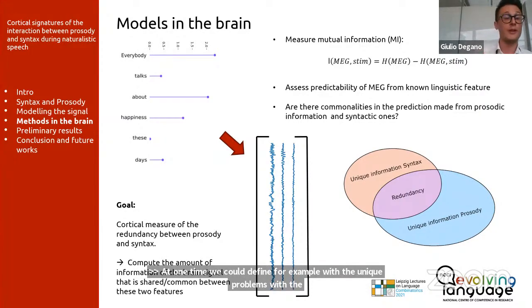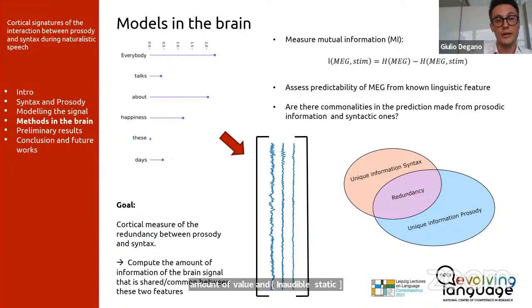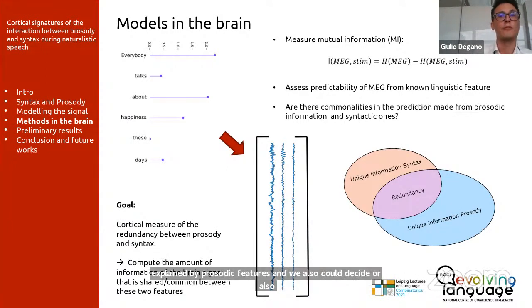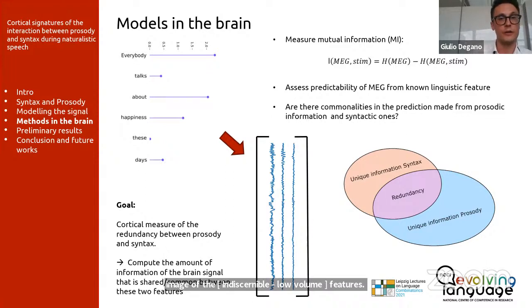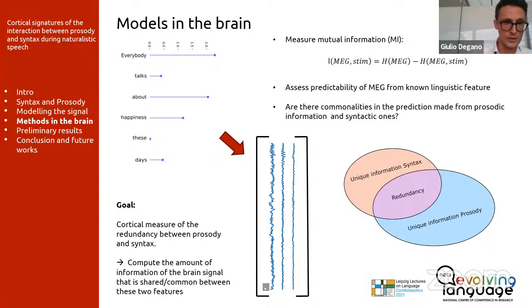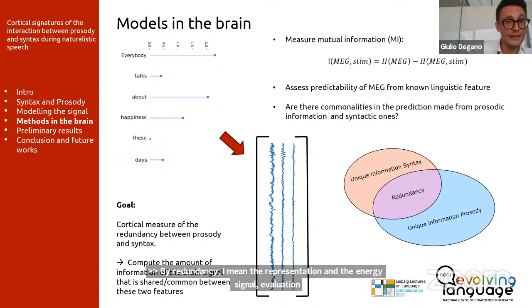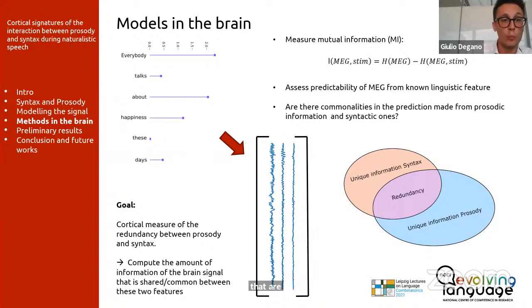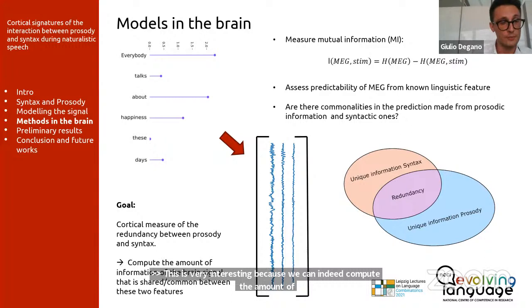We can also define the unique information given by syntax, the amount of variance of the MEG signal explained by syntactic features. More interestingly, we can also check the redundancy between these two sets of information. By redundancy, I mean the representation in the MEG signal, or the variation, that is common between prosody and syntax. This is very interesting because we can compute the amount of information of the brain signal that is shared between these two features.